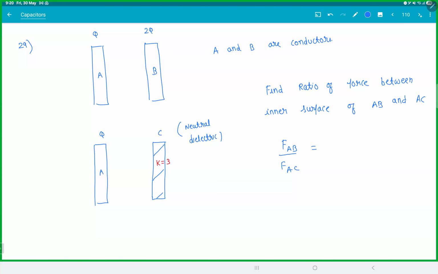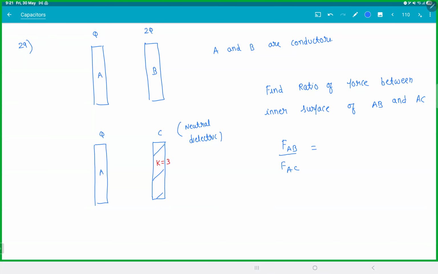How do we approach this? Three is to one. Try.